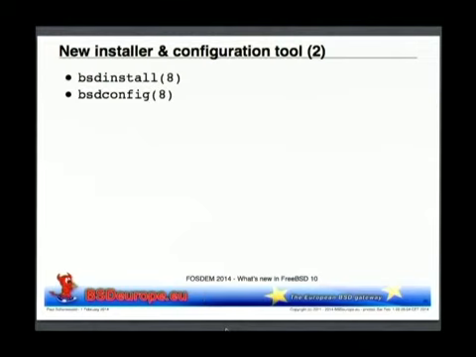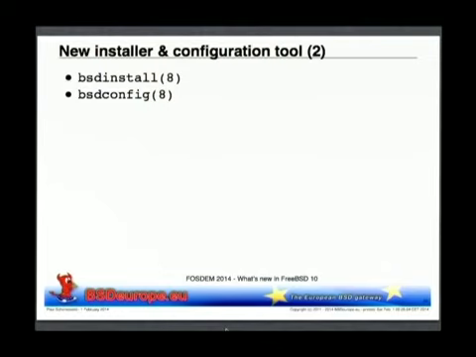We got a new installer called bsdinstall in FreeBSD 9, but sysinstall was still there. FreeBSD 10 does not have sysinstall anymore, at least not by default. You can still compile it if you want to, but it's not there by default anymore.